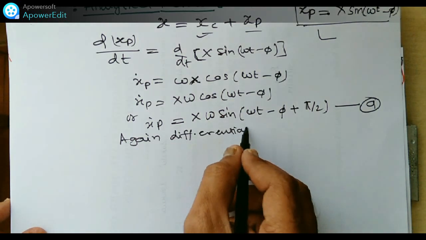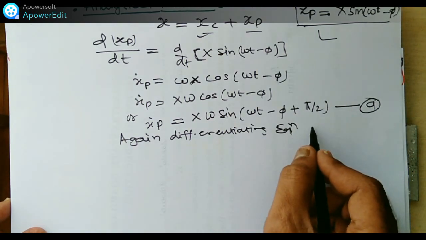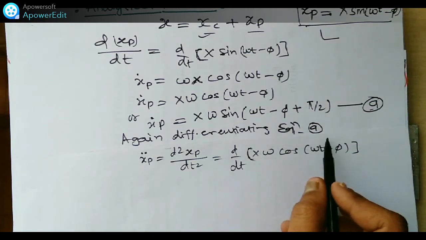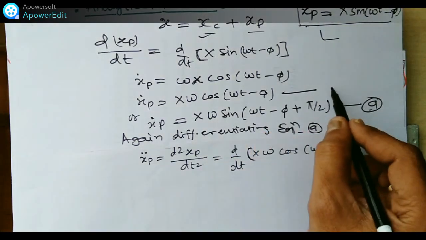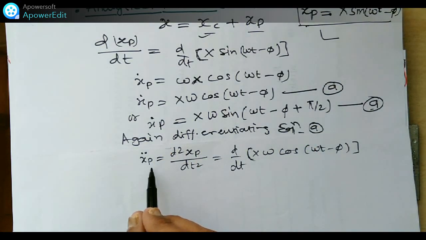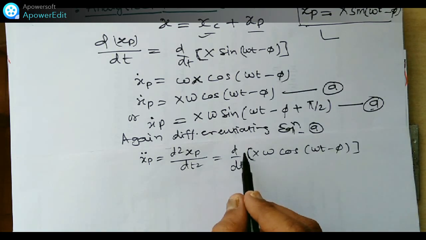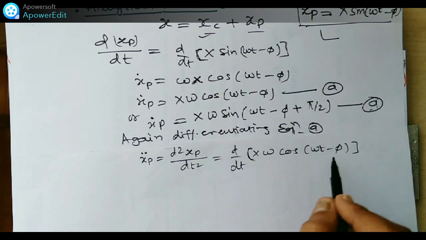Differentiating this equation A again, x double dot p is nothing but d square xp by dt square, with respect to t. I wrote here X omega cos omega t inside the bracket.